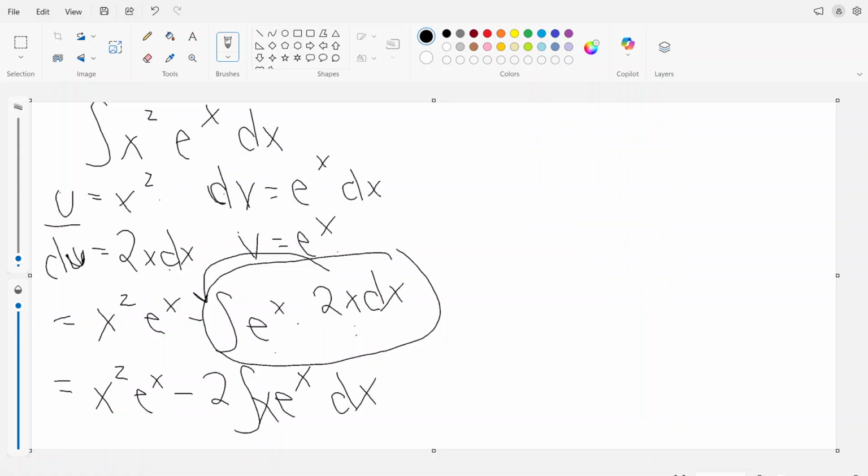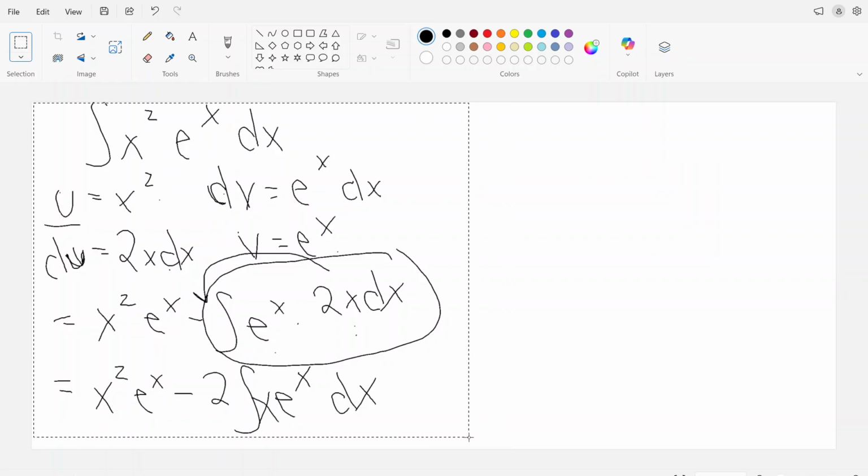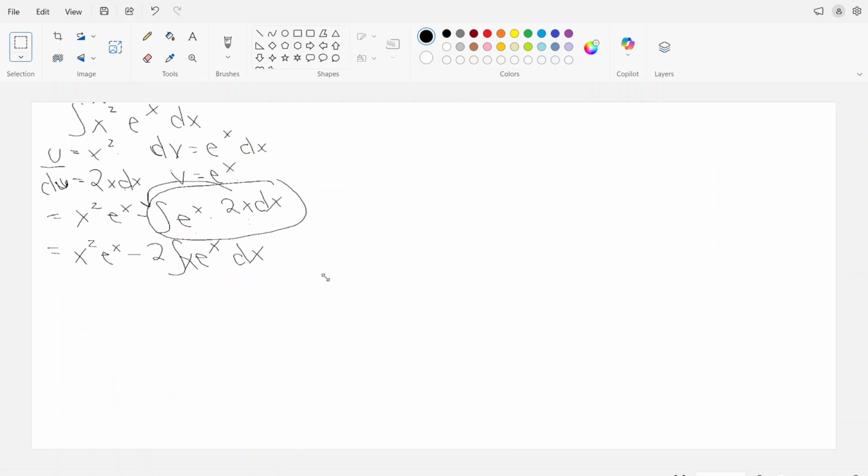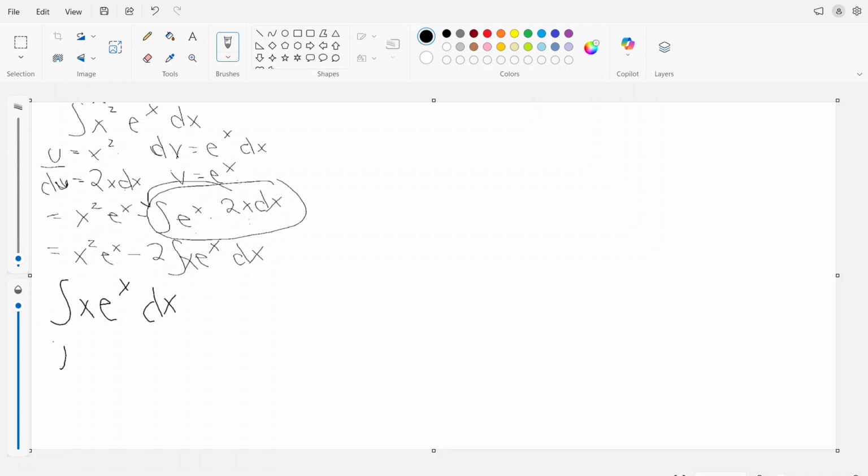Now we can look at the second IBP. So I'm going to clip and crop this. Okay, perfect. So for the integral of x e to the x dx, right, we have to choose our u, which will be x, and choose our dv, which will be e to the x.